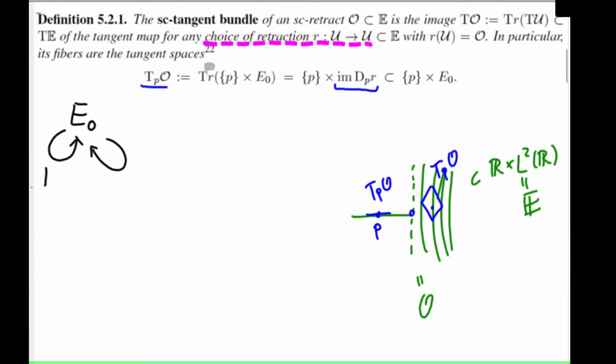So the linearized retraction is now a linear map, and because R squared was R, its square is itself, so that is a projection. And it has a complementary projection, which is simply the identity minus dR. So these are complementary projections.